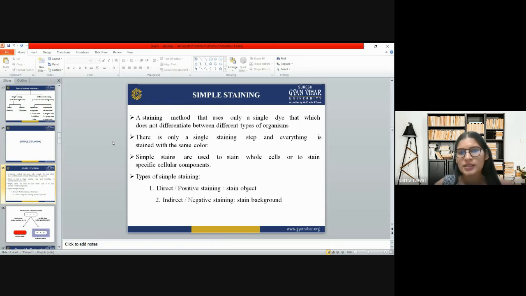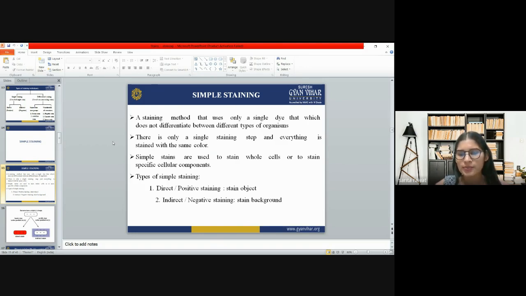Simple staining is a staining method that uses only a single dye, which does not differentiate between different types of organisms. There is only a single staining step and everything is stained with the same color. Simple stains are used to stain whole cells or to stain specific cellular components.